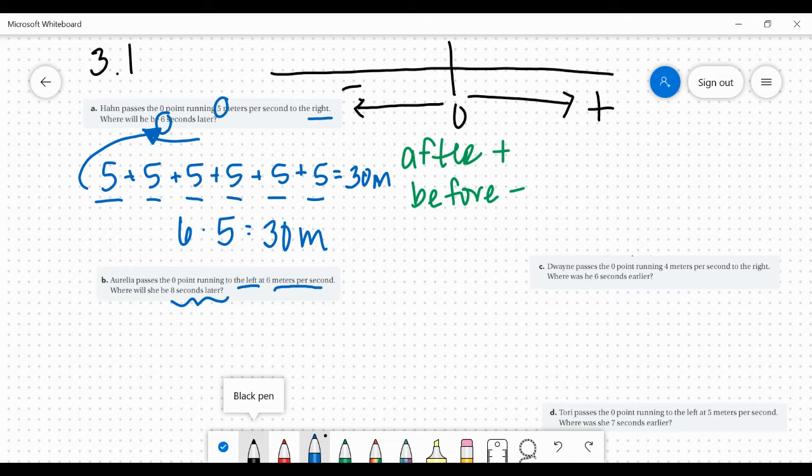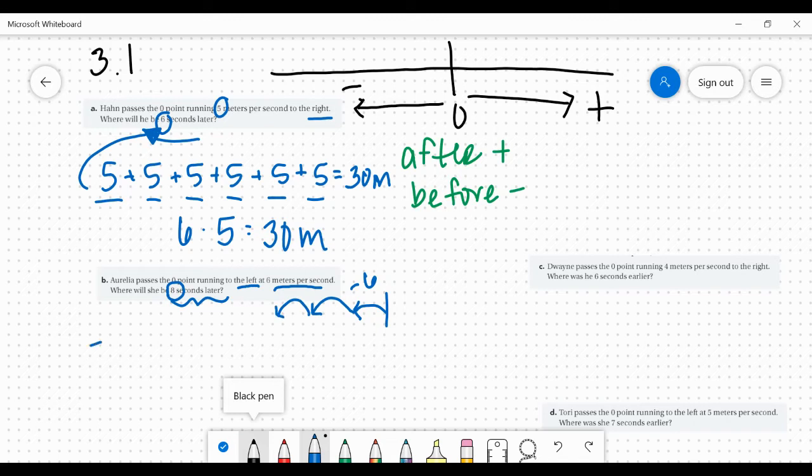Again, they're running to the left at 6 meters per second, so this is going to be a negative 6. And we're going to have 8 groups of that negative 6. It's as if 1 second is negative 6 meters, and here's another second, and another second, and so forth.